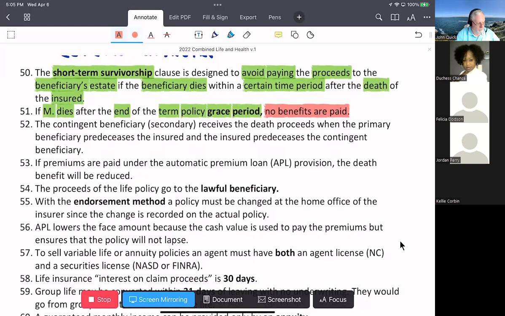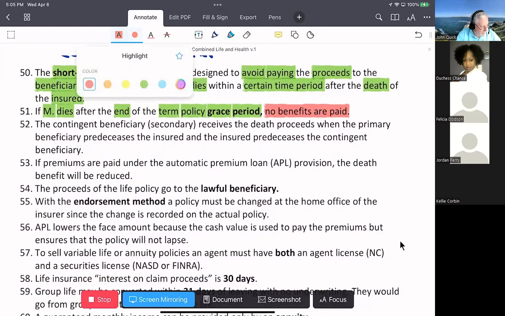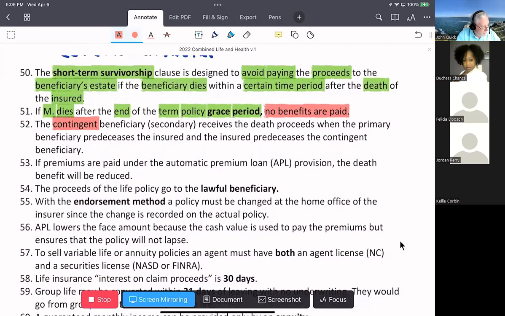The contingent beneficiary, secondary contingent beneficiary, receives the death benefits, proceeds, when the primary beneficiary predeceases the insured. So maybe that would be tertiary, right? Well, no, we got secondary, right?